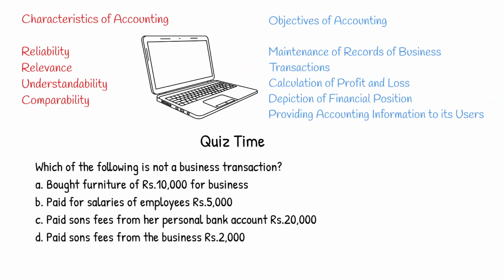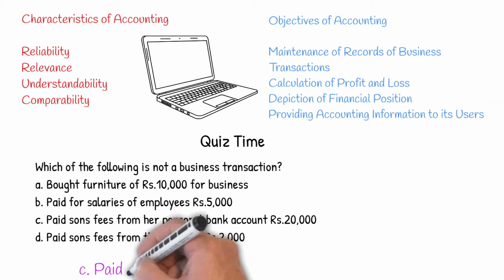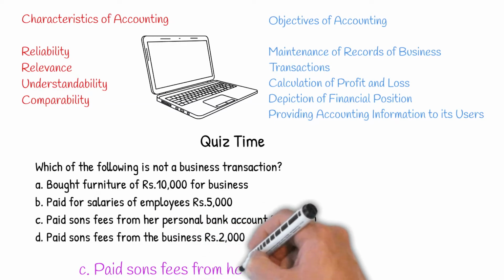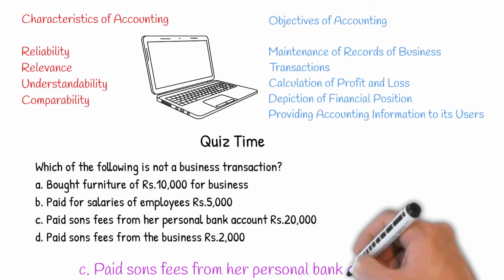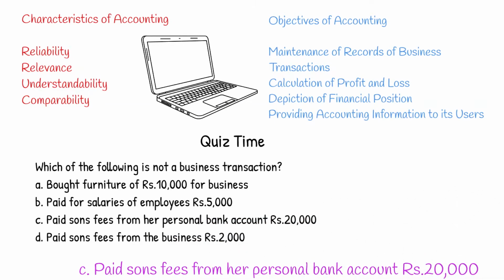So, this is not a business transaction. Paying son's fee from the business affects business cash and bank balance. Hence, it is a business transaction. So, here the right answer is C. Paid son's fee from her personal bank account Rs 20,000.